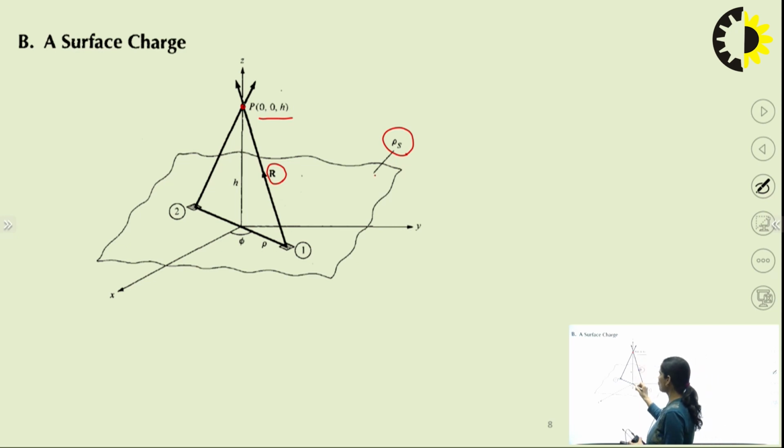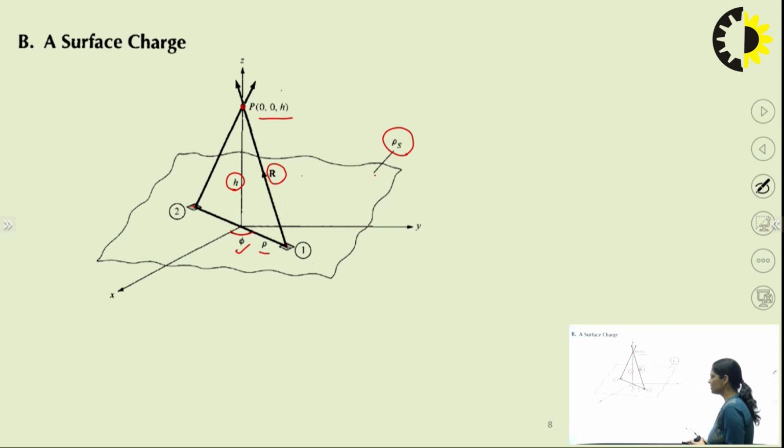This is the height from the origin to P, represented as h. This is a line point on the surface, and this is the whole surface. The angle between this line and the x-axis is phi, and this is the radius of this point, represented as rho.